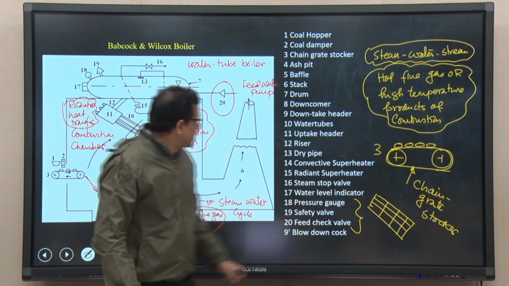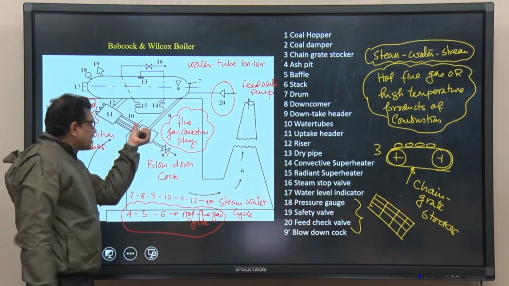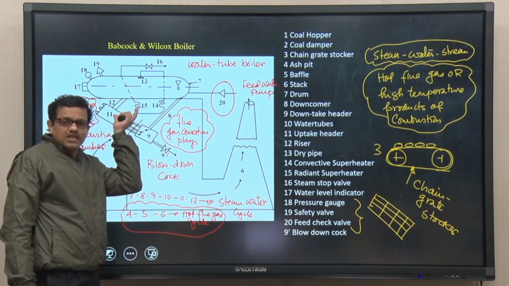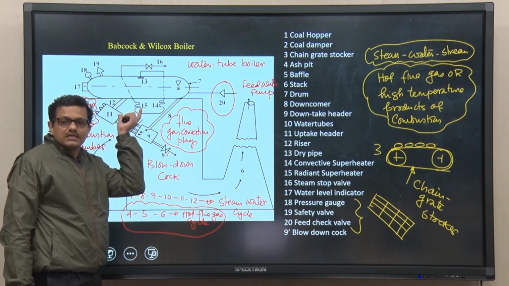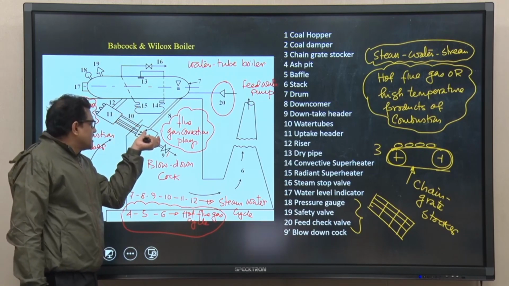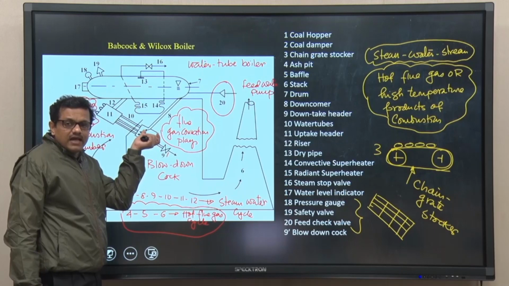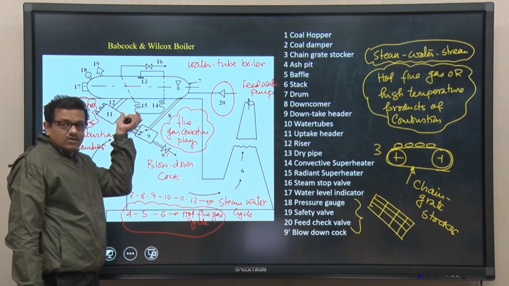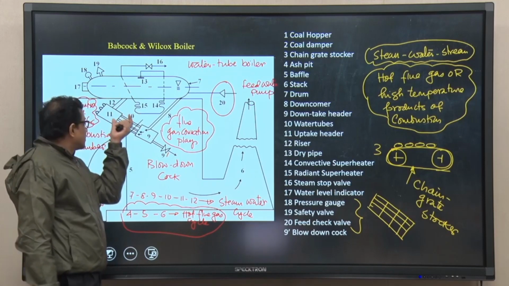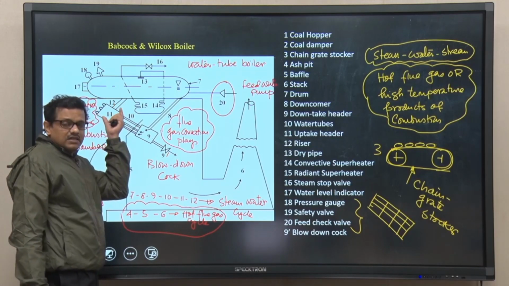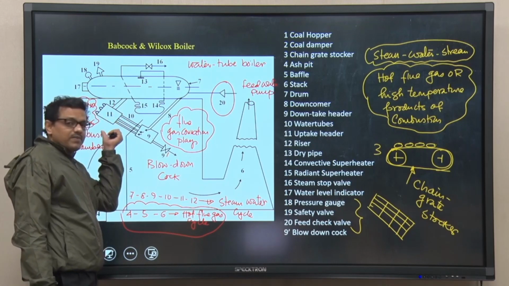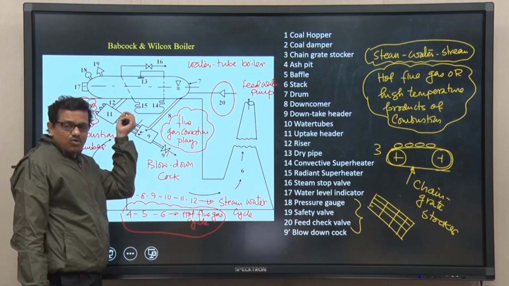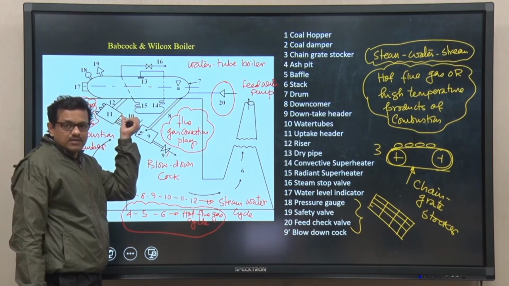I would like to discuss one important thing. Since water is allowed to pass through the tube, by increasing the length of the tube it is possible to have superheated steam, because as I told you, steam conversion starts from 9 itself. When steam is coming at 11, it is not in contact with the water, and the parts 11, 10 and 12 are close to the high temperature zone of the combustion chamber, as a result of which even a small amount of water will be converted into steam.